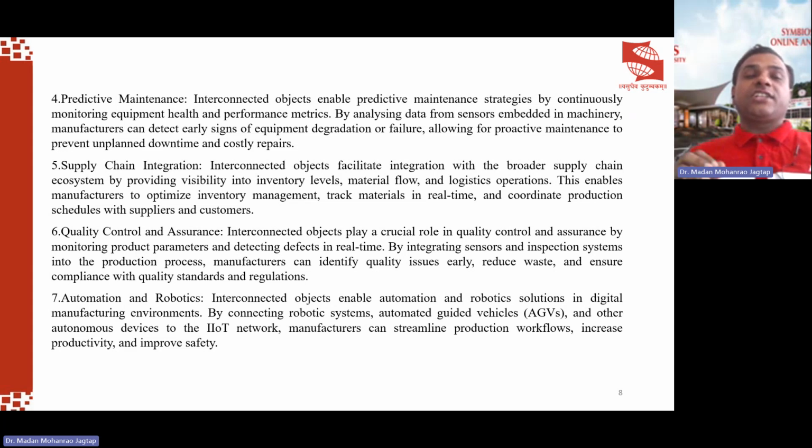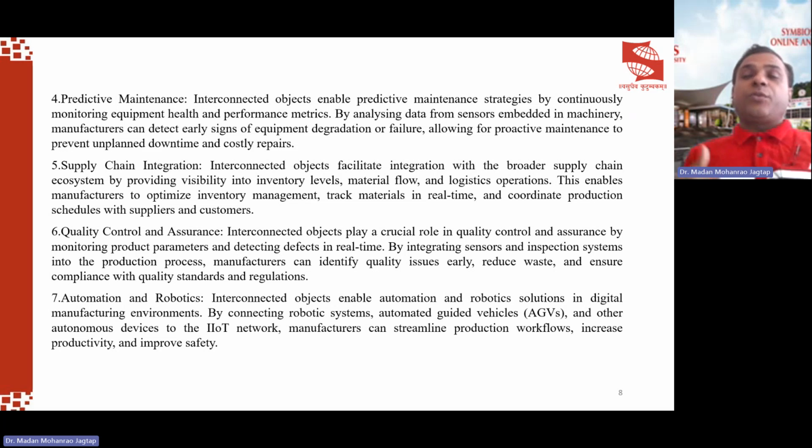By continuously monitoring equipment health and performance metrics, from the data received from the sensors embedded in machineries, the manufacturer can detect early signs of equipment degradation or failure. When a particular machine will degrade or fail, that can be identified with the help of data received from the sensor.